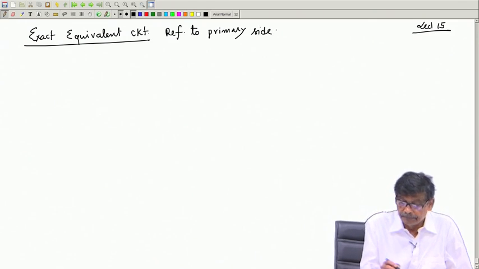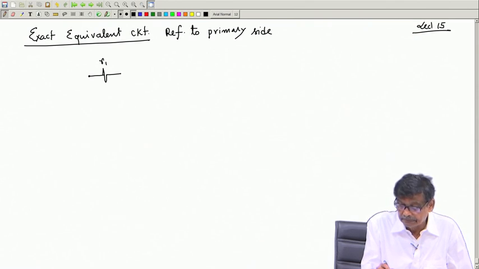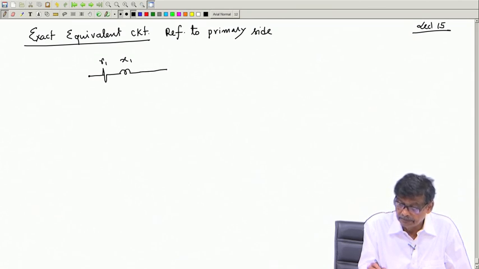And the equivalent circuit we got last time is this one: primary winding resistance R1, primary winding leakage reactance X1, then you have this parallel branch.